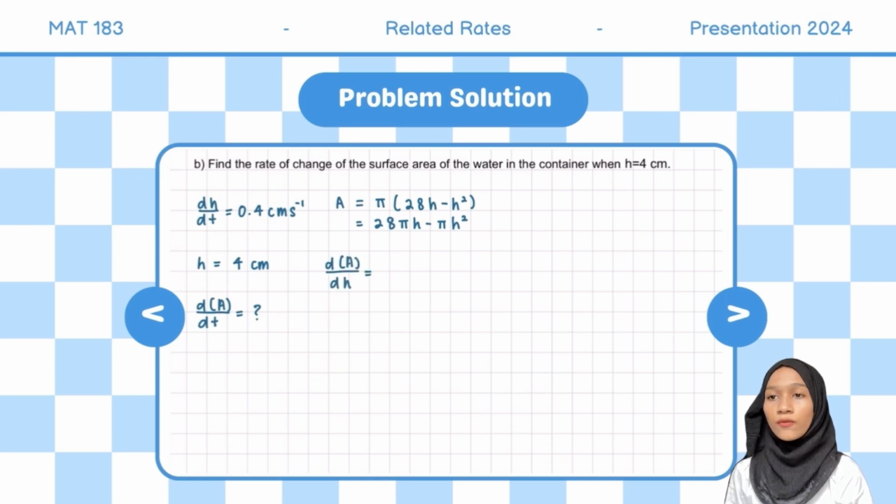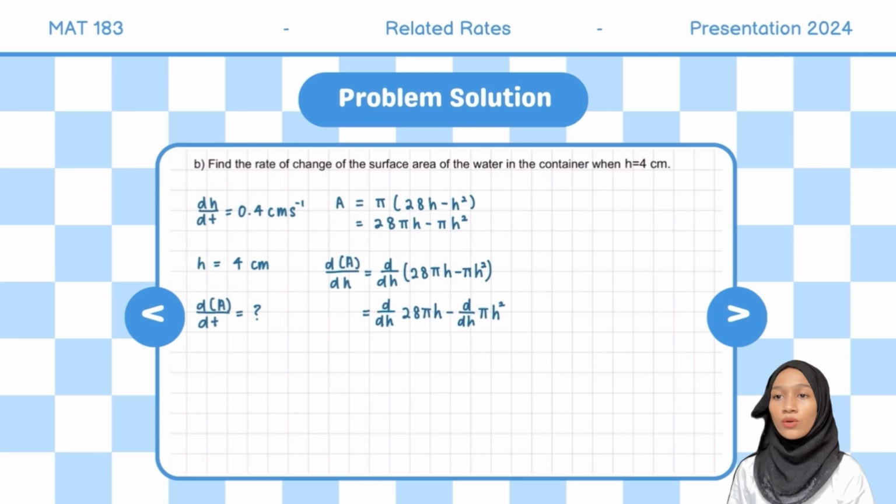After that, we differentiate area with respect to height. It becomes d over dh of (28 pi h minus pi h squared). We expand it to d over dh of 28 pi h minus d over dh of pi h squared. We differentiate the equation and it becomes 28 pi minus 2 pi h.